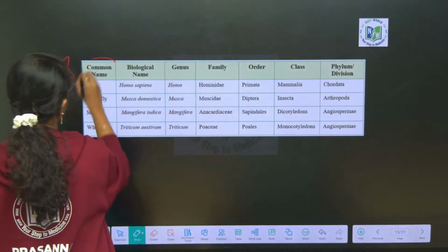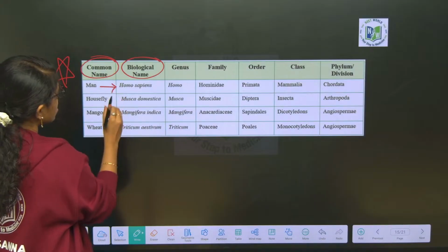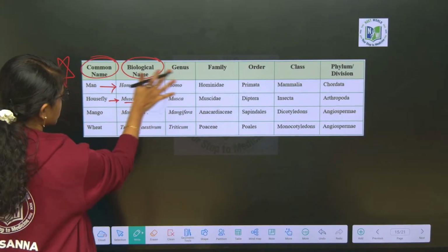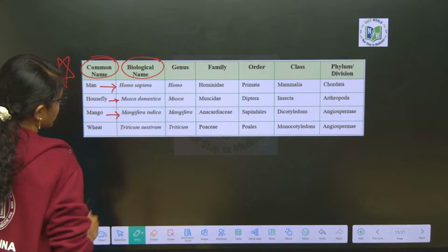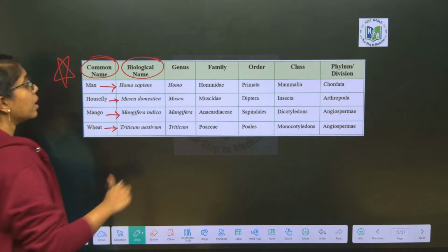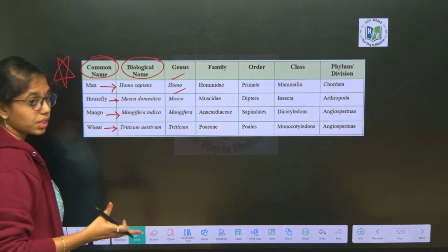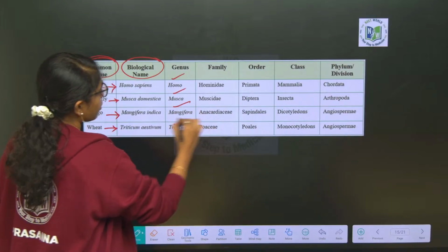Here we have the common name and the biological name. Man, Homo sapiens; housefly, Musca domestica; mango, Mangifera indica; wheat, Triticum aestivum. And here the genus for Homo sapiens is Homo, for Musca domestica, Musca is the genus, then Mangifera and Triticum.